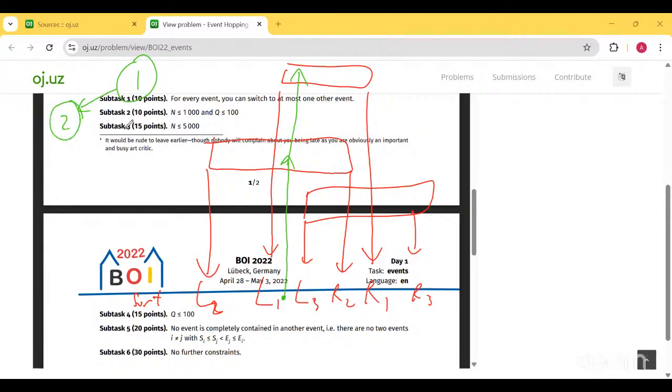But how to know that? Do you know the definition of the parent?